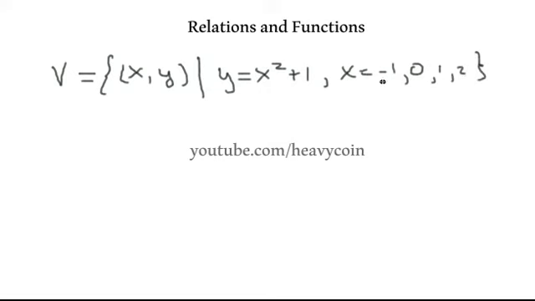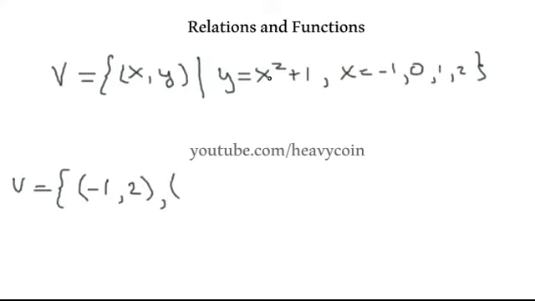Alright, so that's our domain. Let's see what this set actually looks like as a set of ordered pairs. So if I were to take negative 1 and plug it in right here, negative 1 squared is 1, and 1 plus 1 is 2, right? So we plugged in negative 1 and we got 2 out. So that would be one of our ordered pairs.